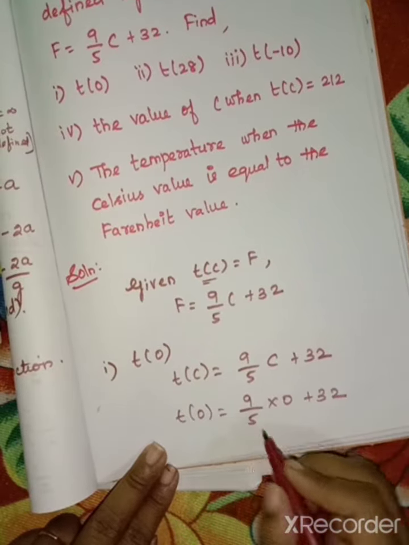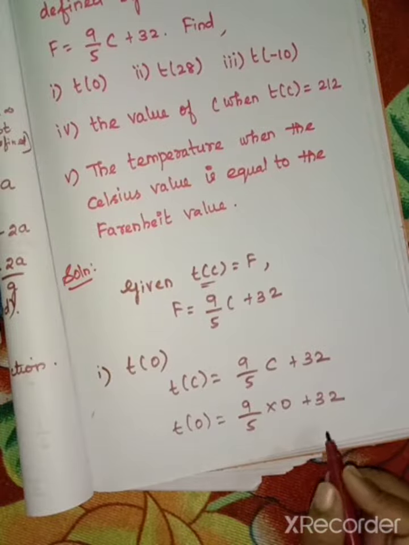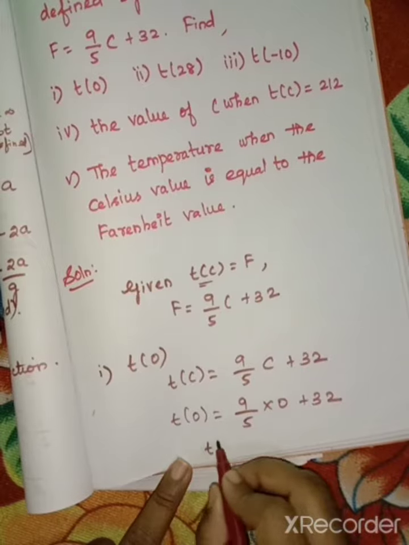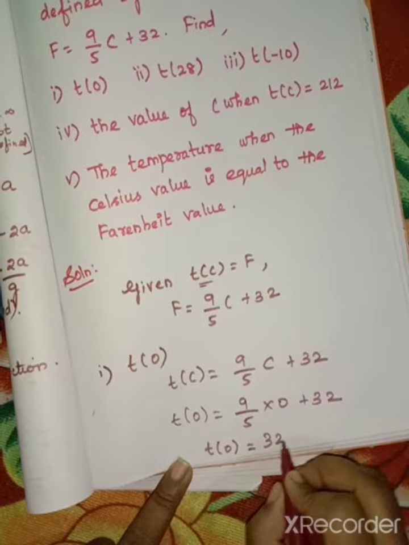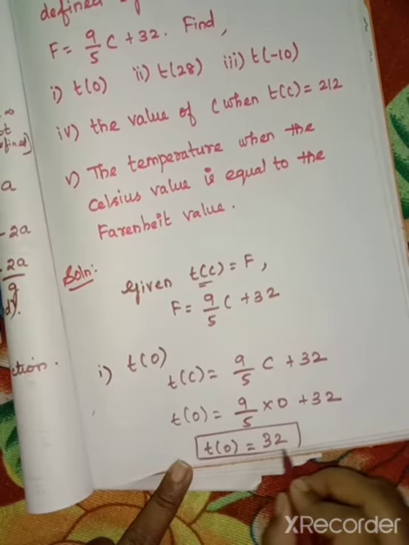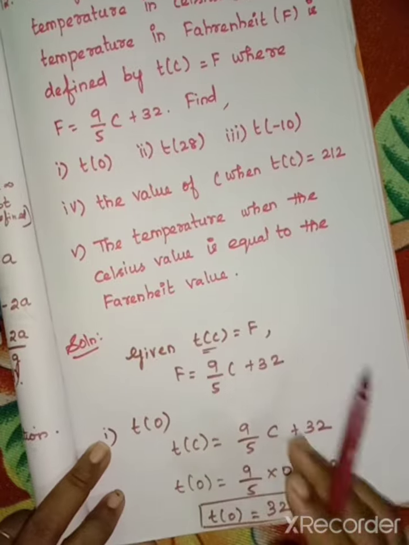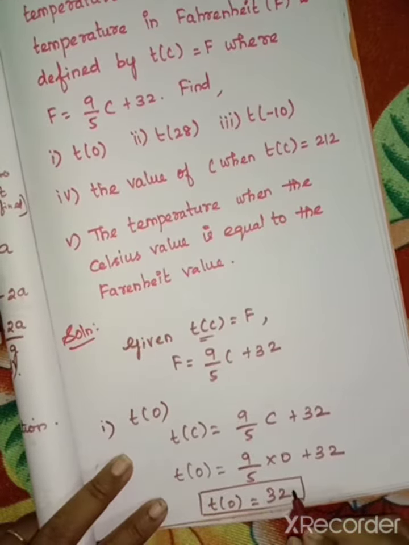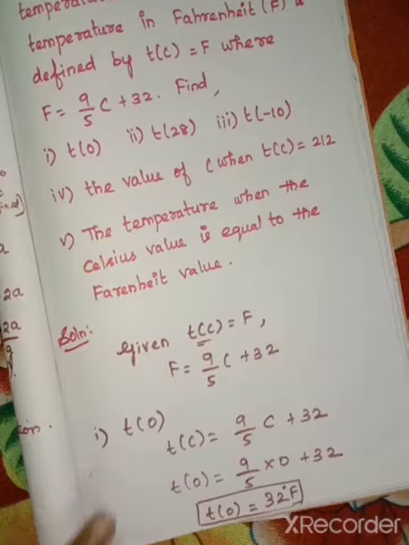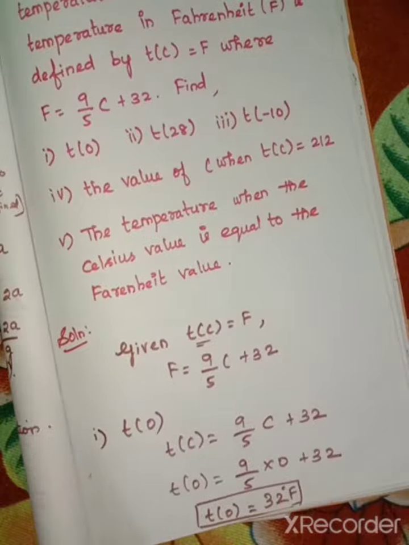If it is multiplied we get 0. 0 plus 32, 32. So T of 0 equal to 32. So here the consideration is T of C equal to Fahrenheit. So 32 degree Fahrenheit for T of 0.